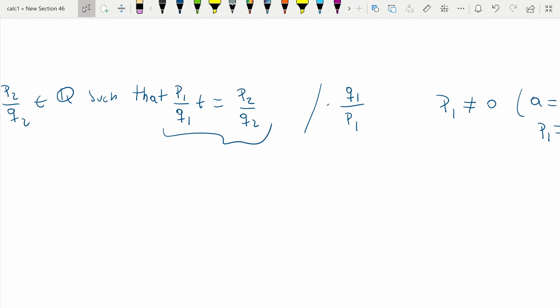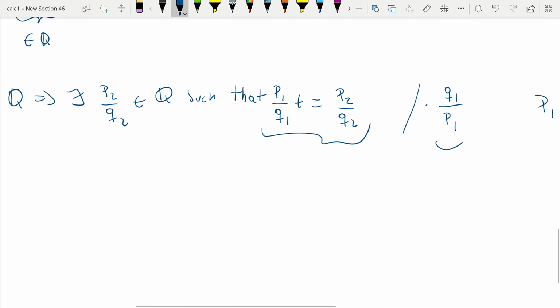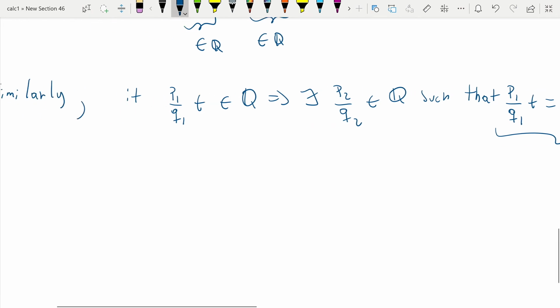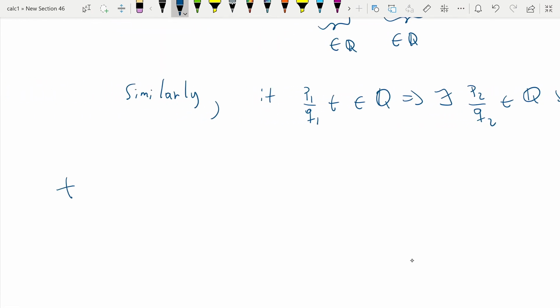Because if it were equal to 0, then that would imply that A is equal to 0. So this fraction here makes sense, and we can multiply on both sides, and we then get that T is equal to Q1 times P2 over P1 times Q2, which is in Q. And this is again a contradiction, right?